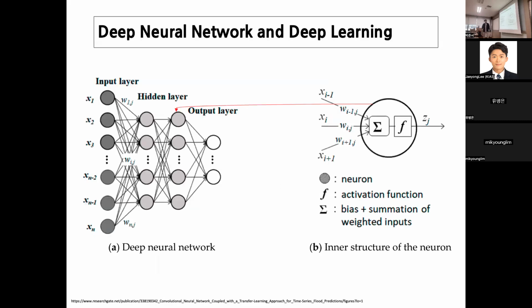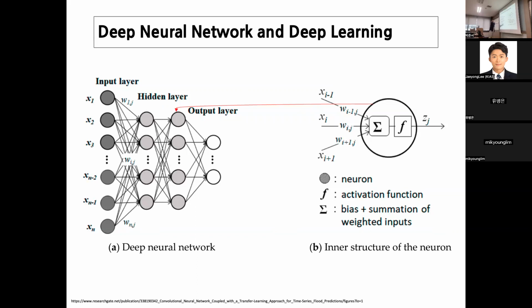Also, today I'll introduce deep neural networks and deep learning to solve PDEs. I'll introduce deep neural networks briefly. A deep neural network takes an input from x1 to xn, and makes an output in the final layer. In each layer, it approximates a complicated function using this complex structure.